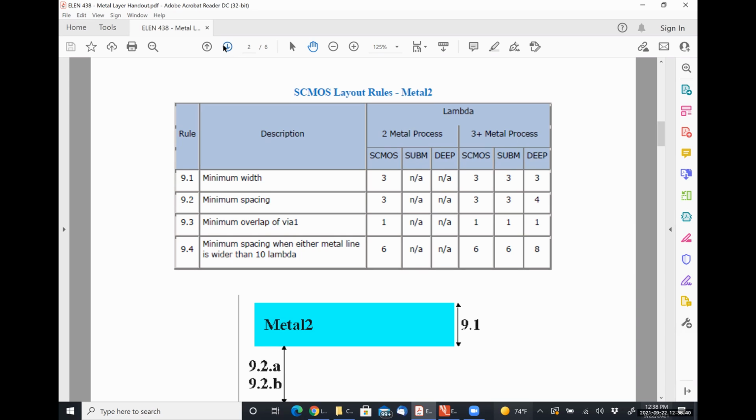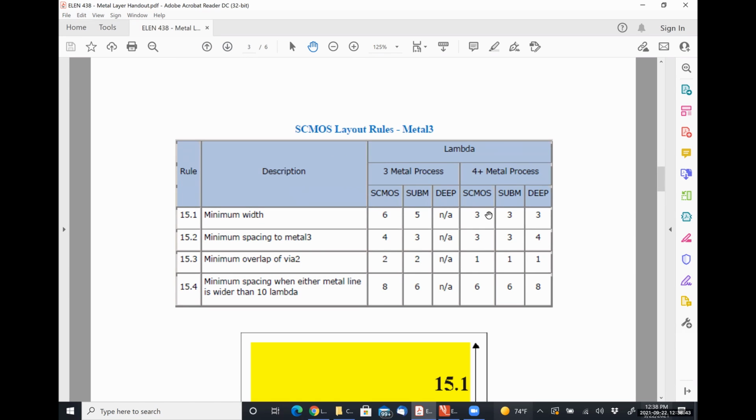And if we go down for metal 3, then we can see that, so for our 3 metal process in our submicron regime, this metal has slightly different rules, and it's because it's the highest metal in the system. So the spacing is the same. It needs to overlap the vias a little bit more and all that, and it needs to be slightly wider. And it's just because it's the one where the largest signals are going to be present, because that's the metal layer that we're using to apply and take signals off of our chip.